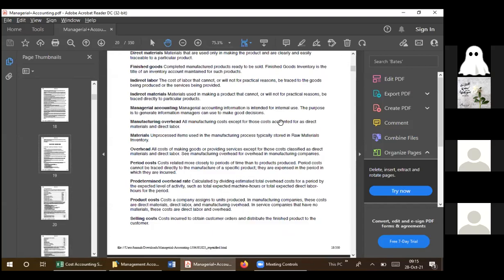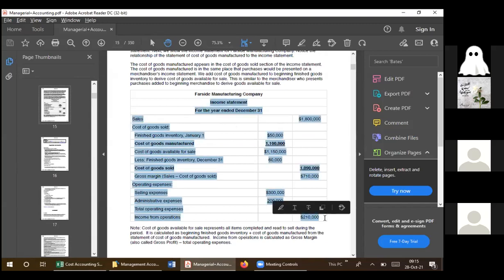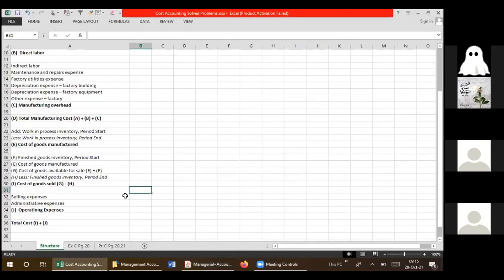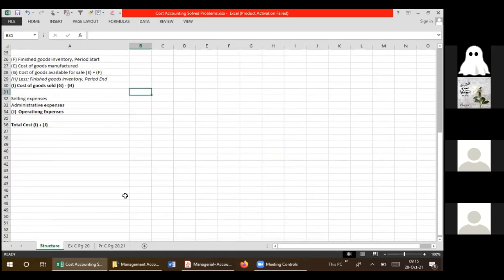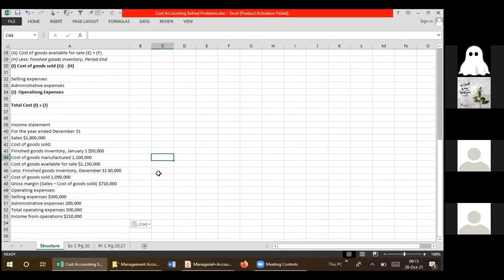And as income statement is created, we have the structure here. I'll move it into format later on.